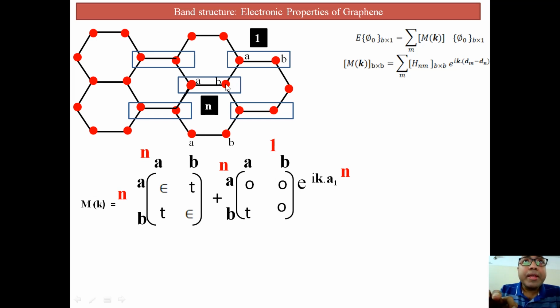Now suppose the B component of the nth cell is acting on the A component of the first cell. You see this is a very near neighbor, and the component of this interaction, let's represent it by t. How to find the t component, we already had a discussion. And what is the phase factor? Because you know from here to here it is actually A1, so we have written A1.